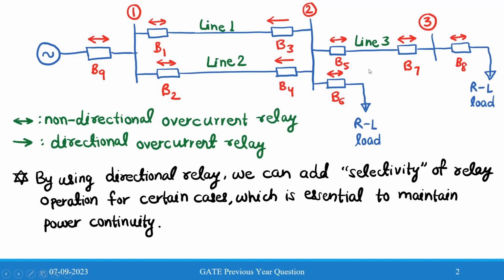So the power in the rest of the lines will remain as it is and line 1 will be isolated. On the other hand, if there is a fault in line 2, then R4 will trip and R3 will not trip, and this maintains the power continuity in the rest of the lines and the rest of the system remains intact.